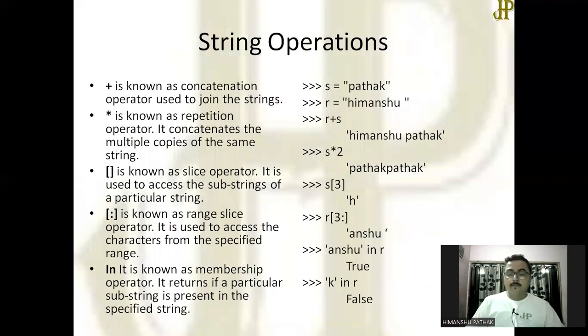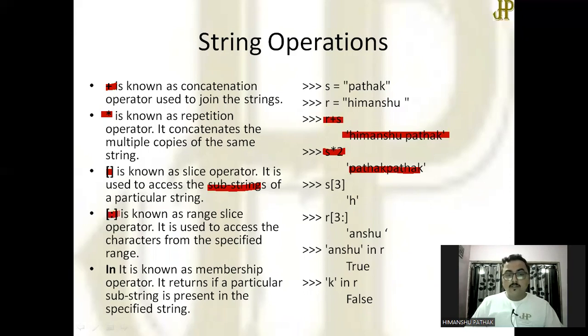Moving on further, just like list and tuples, you can concatenate, meaning join two strings, with the help of the plus operator. Here I have done r plus s. So it will print Himanshu Pathak. Star is used for repetition. If you want to repeat the string a number of times, then you have to supply the value, s into 2. So Pathak will be printed 2 times. This is used for what? To access a substring.